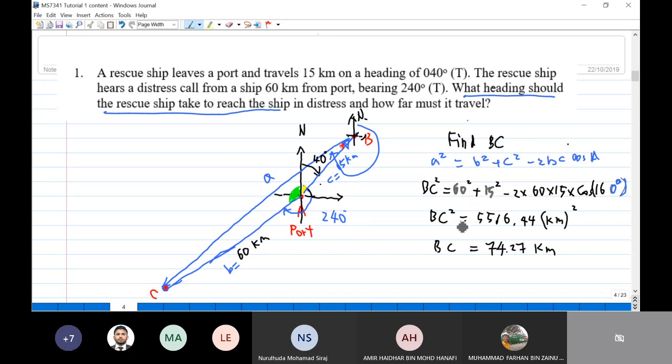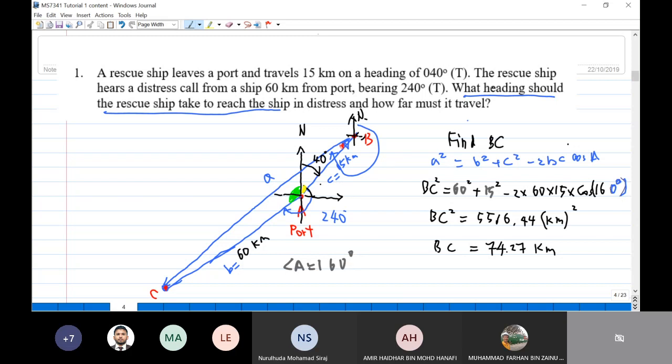Then I can find BC. The angle A is equal to 160. Okay, angle A, which I calculated just now, is 160. So from here you can find out what BC is.